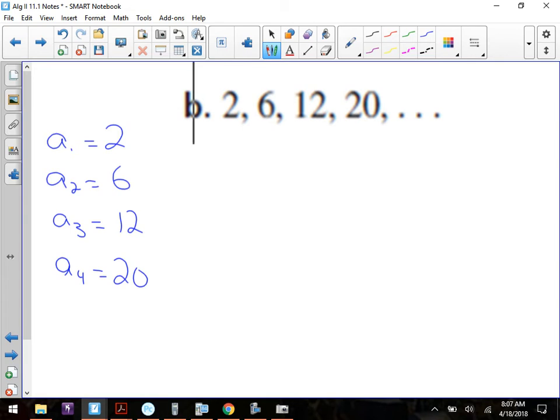Now, if you look at what's happening here, what's happening between the numbers? It's going up. Yes, very good. You were able to describe that it's increasing.